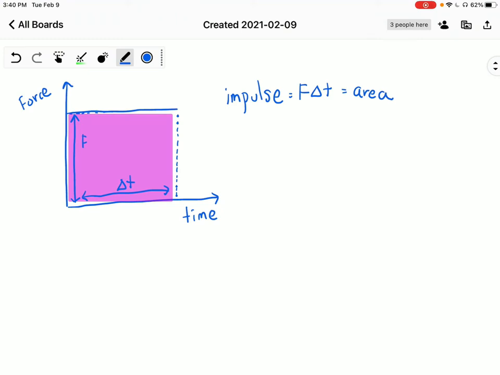But in real life, objects don't tend to turn on the force and then turn off the force. That's not really how the world works. A force will gradually start and gradually stop. So a realistic force versus time graph would look more like this. It would be curved.